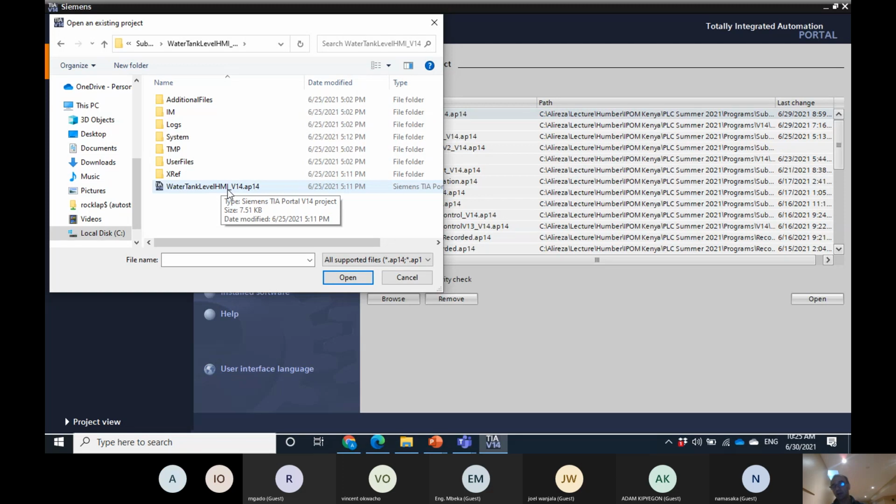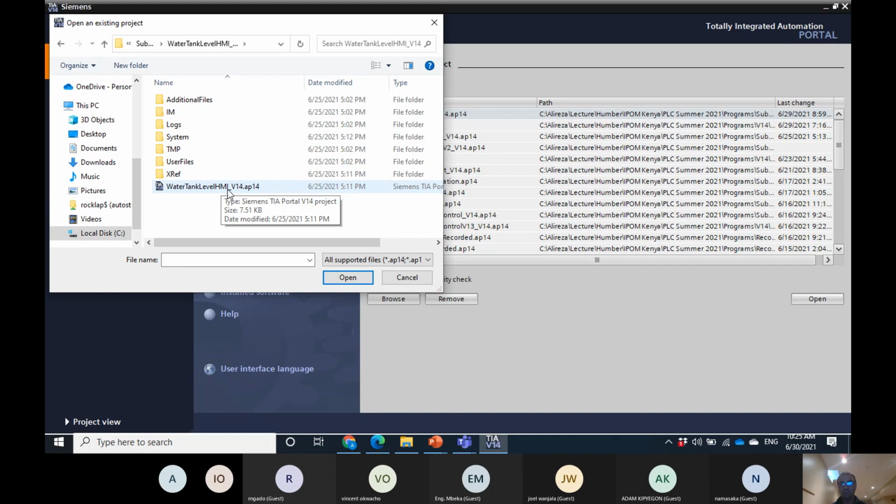I built the programs based on version 14 because if we build in a higher version, we cannot open them in a lower version. But if you have the program in a lower version, for example, version 14, you can still open that in version 15. I think the version that you're going to get is version 15.